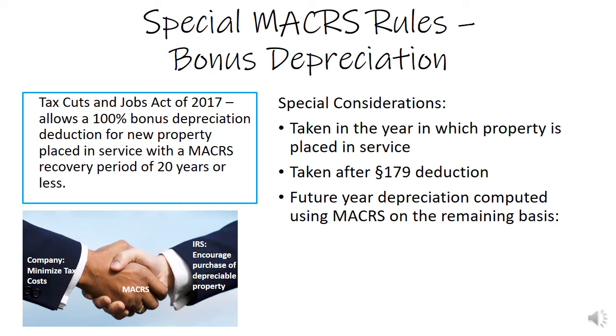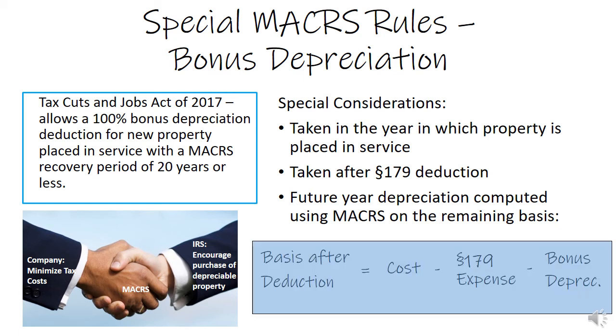It's taken after the Section 179 deduction or in place of the Section 179 deduction if the limitations were exceeded. And just like with the Section 179 deduction, future year depreciation is computed using MACRS on the remaining basis. This is computed by subtracting the 179 expense and the bonus depreciation from the cost of the asset.